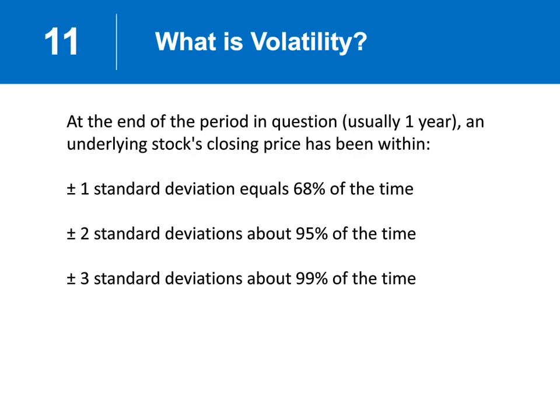All right. Just to continue on with what we're talking about, at the end of 1 year, the underlying stock's closing price will be within 1 standard deviation, whatever number the formula spits out, 68% of the time. That's not bad odds. Or within 2 standard deviations, 95% of the time.